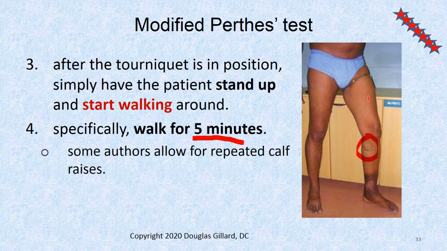If you can't get blood out of the deep system and blood is forced into the superficial system, that's the superficial system varicosity there. That's the short saphenous vein or lesser saphenous vein. That thing's going to swell up like crazy, probably within a couple minutes. So the test is also positive if you see that swelling, if that increases in size.